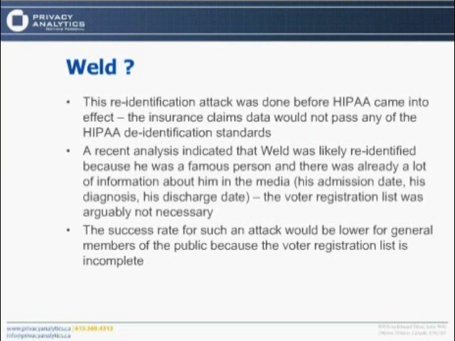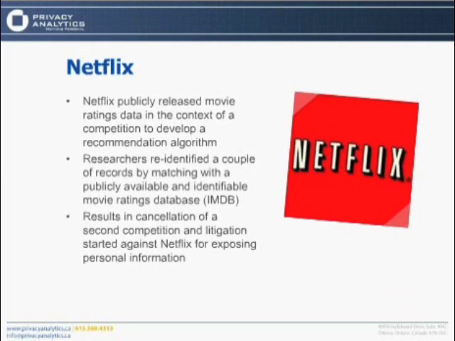And then the last example, which again receives a lot of attention, is the Netflix re-identification. This is not a health data example, but the situation was Netflix had publicly released movie ratings data in the context of a competition.